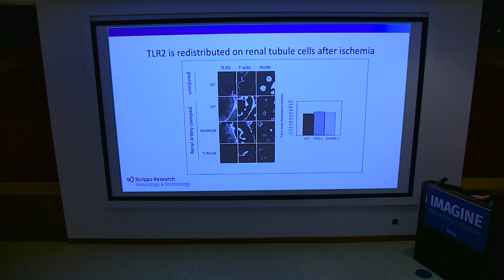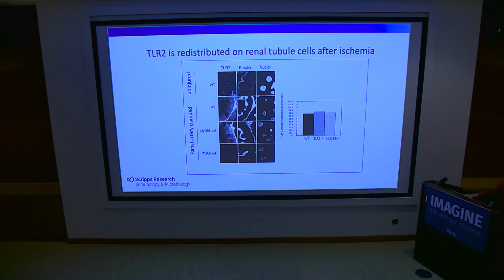If you did renal clamping first for about 25 minutes and then stained for TLR2, it seems as though it's internalized, or more cytoplasmically located. This happens in renal tubular epithelial cells with a lot of other cell surface molecules. So that was an interesting phenomenon. We don't know if that's a protective effect or whether it's internalized and shed, and we have some data suggesting that that's so.